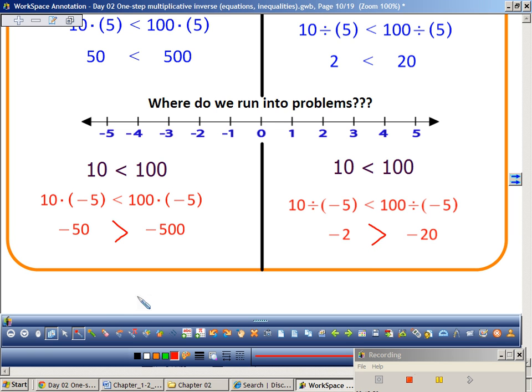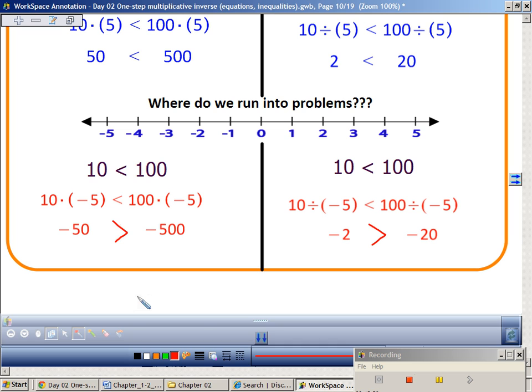So it's kind of like on a number line. If you're over here on this side of the number line, and you decide that you want to switch over to the other side, you're going past that 0, so instead of being greater than, it needs to flip over. If we're over here, now we're talking less than, right?